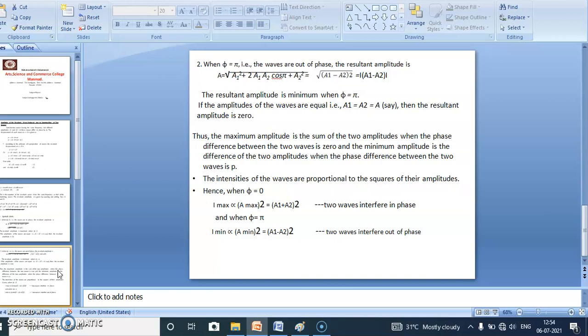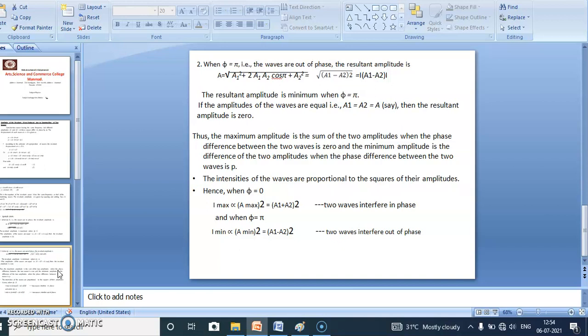Okay, if the amplitudes of the waves are equal, meaning A1 is equal to A2 is equal to A, then the resultant amplitude is 0. In the maximum condition, that is twice A. In the minimum condition, that is 0.